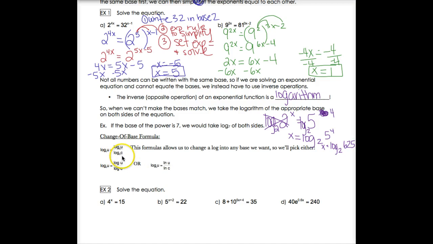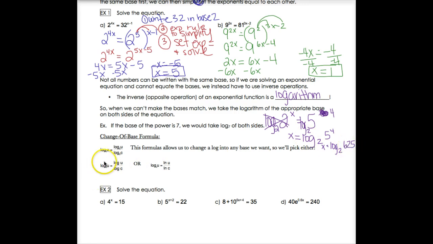Well, we want the two that we can actually use the button on the calculator for. So we're going to use either the common log right here or the natural log because we have a button on our calculator. So if I want to evaluate this using change of base, log base c of u, the c part, the base, is 2. The u part, what I'm taking the log of, is 625.